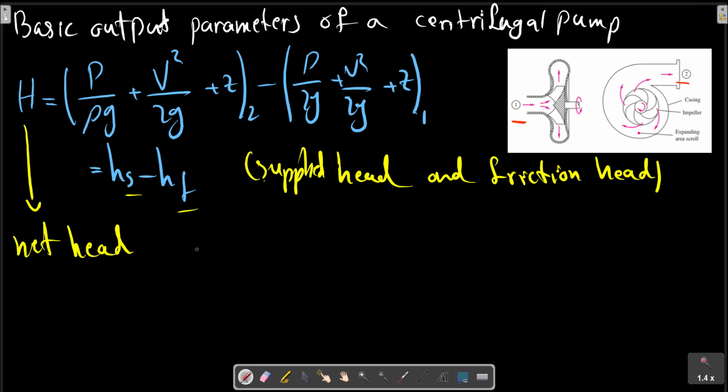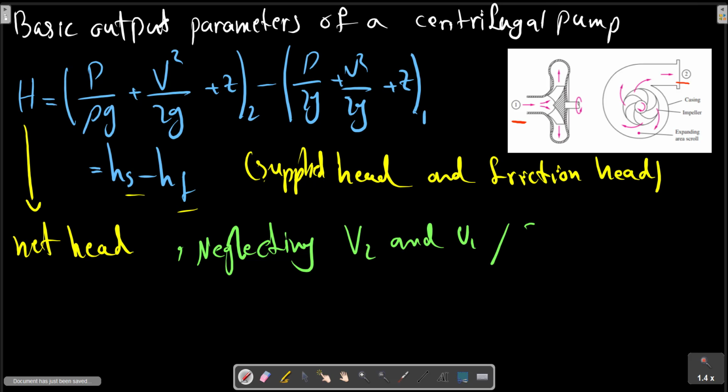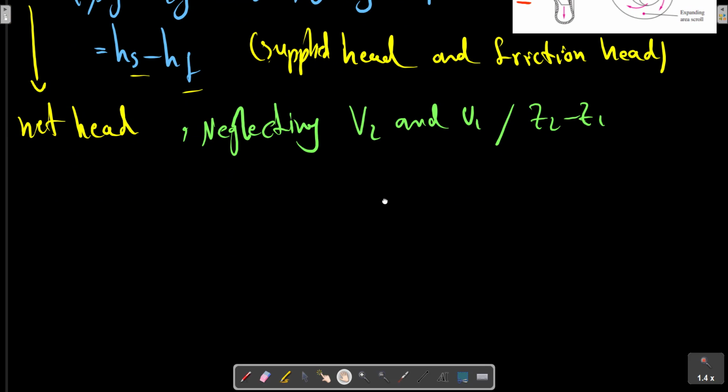So we can neglect it, for a pump, not for a line.